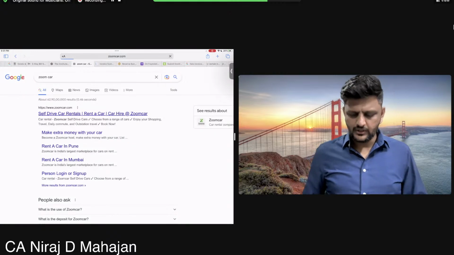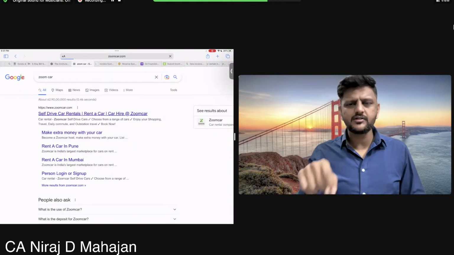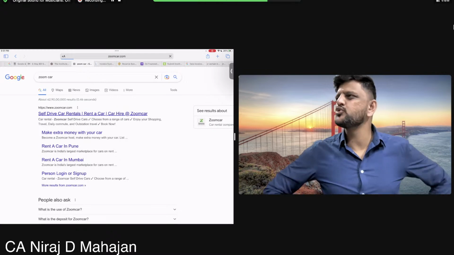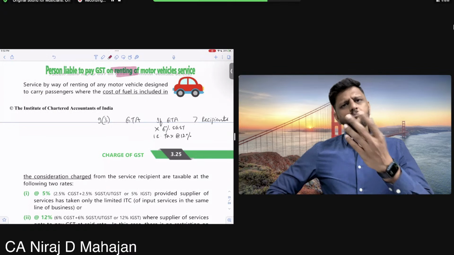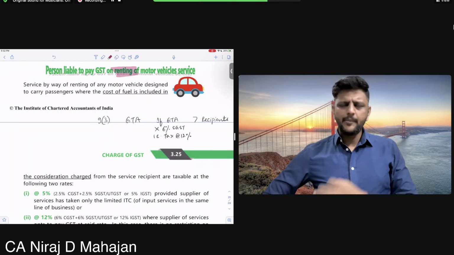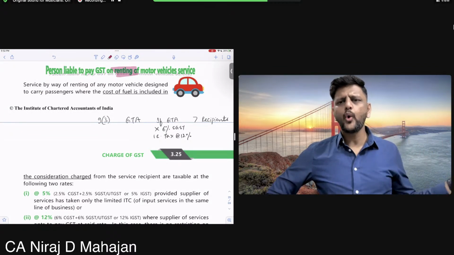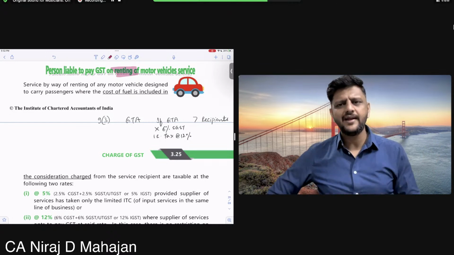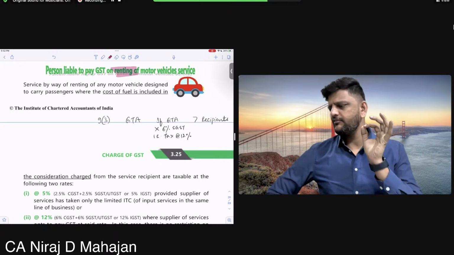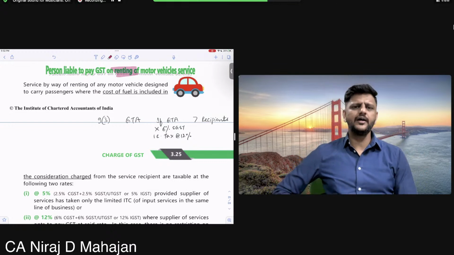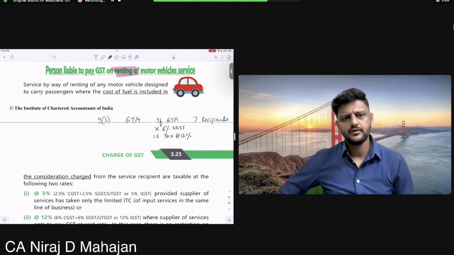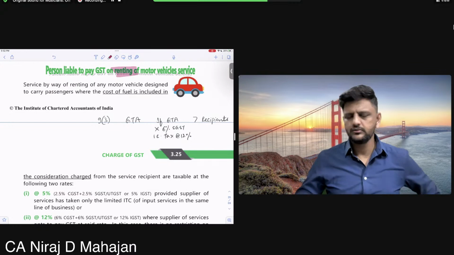Now their charges. If I talk about Zoom cars or something like that, it includes per day charges, and petrol and diesel are yours. They charge rent for the vehicle. They don't fill petrol for you.